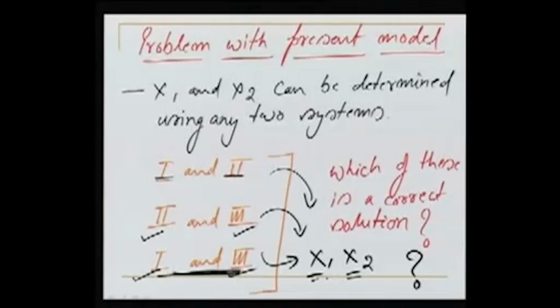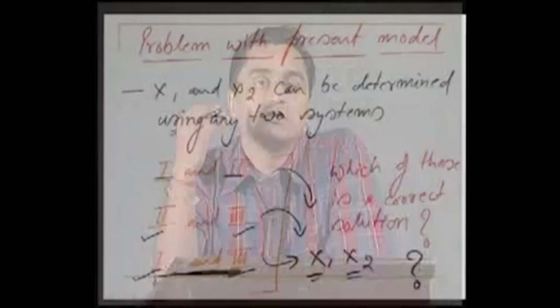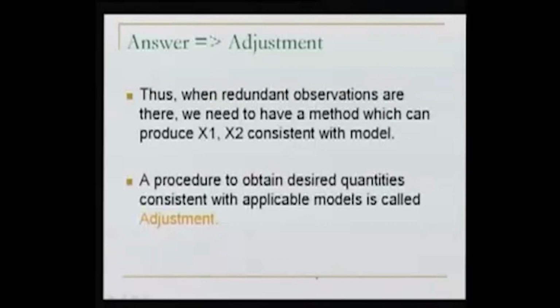Now the question is, out of these three possible solutions for x1 and x2, which one should we take? Okay? Why is this problem coming here? This problem is coming here because we have redundant observations. What is the meaning of redundant observations? We have seen this before, but let's talk about it once again.